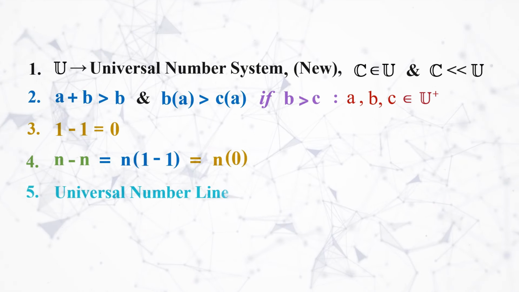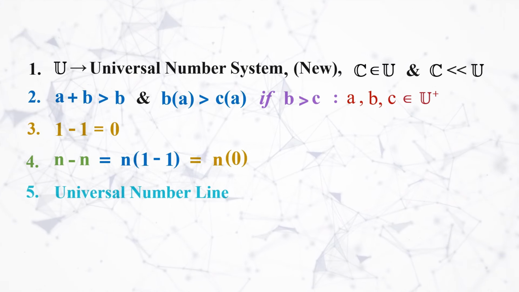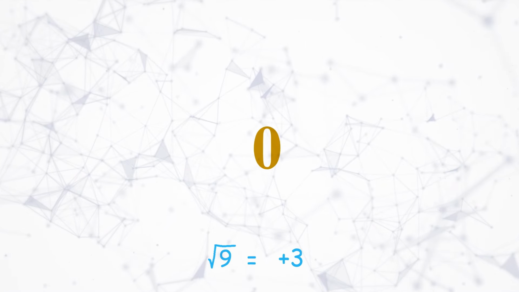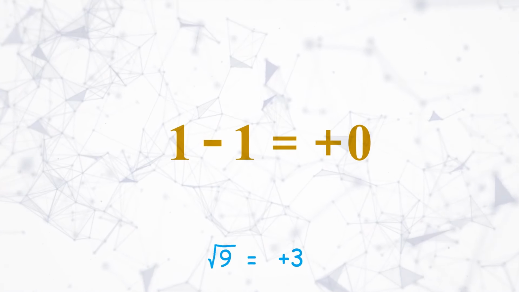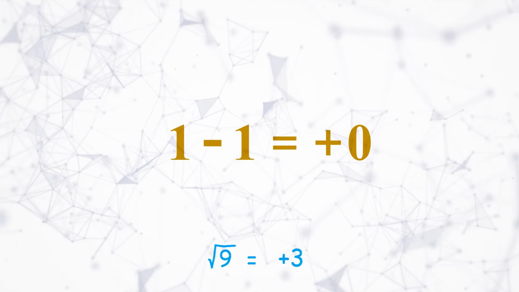Universal numbers have a unique and defined number line. Now what is the sign of 0? Just like other numbers in mathematics, 0 is generally either positive or negative. But in certain operations, for example the root of 9 has plus 3 as the principal solution, 1 minus 1 also has positive 0 as the principal solution.